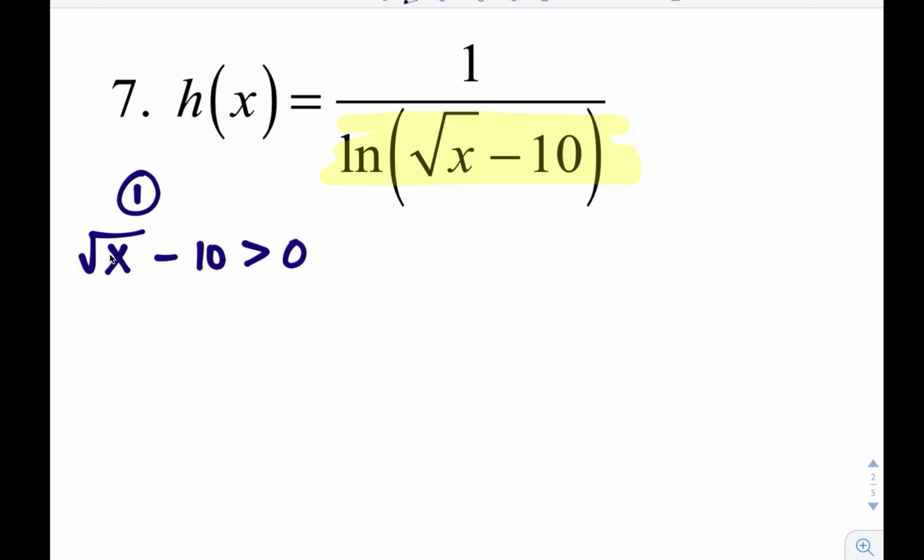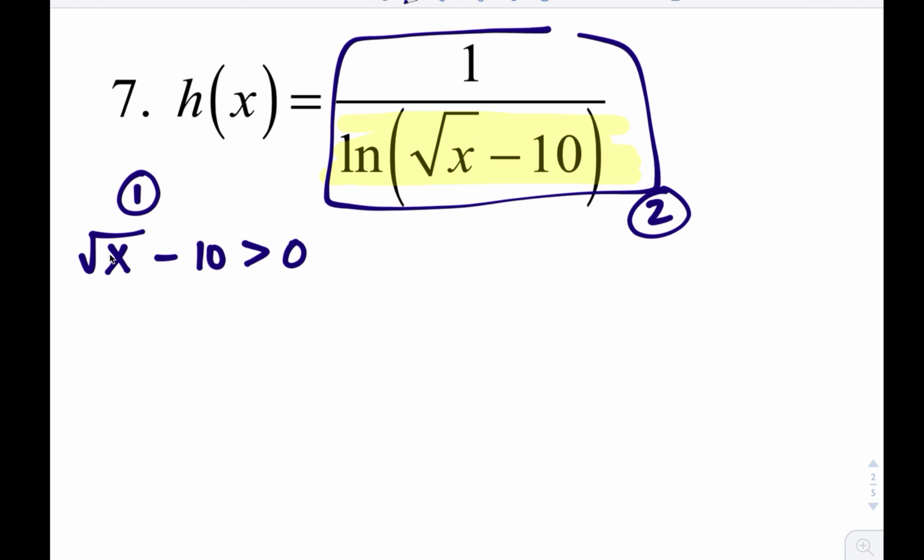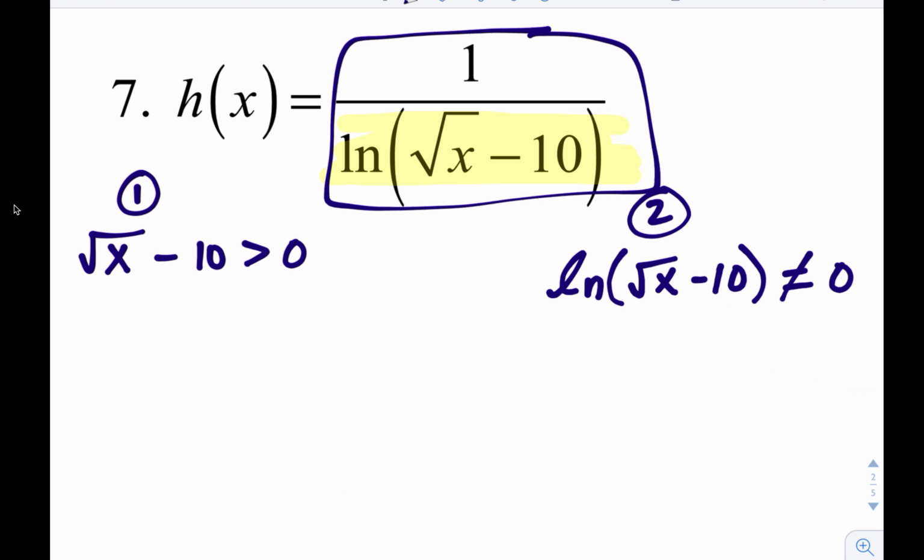And then the second thing I have to make sure is, because this whole thing is a fraction, that what's inside the denominator doesn't come out to be 0. So I'm going to do the first part, the ln part, first.